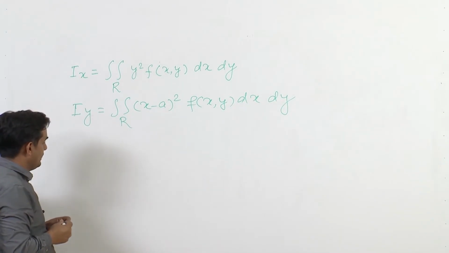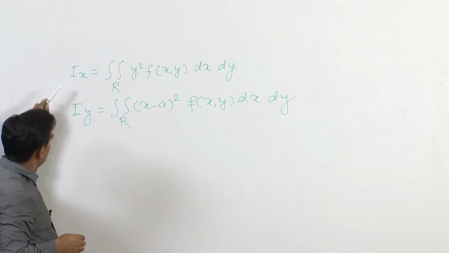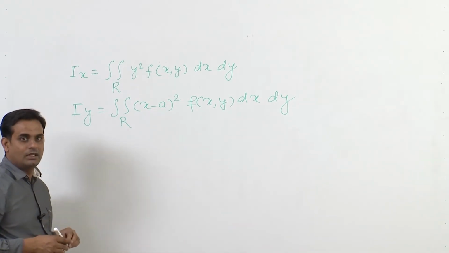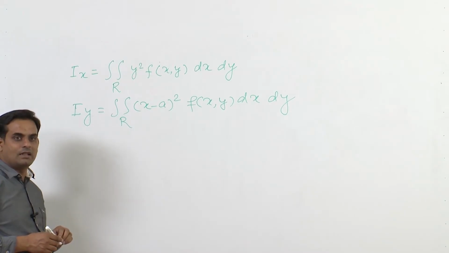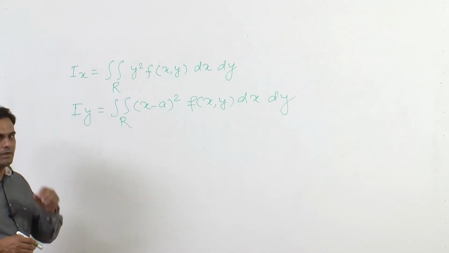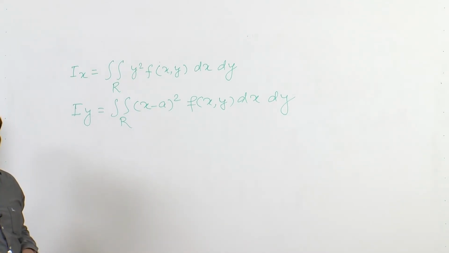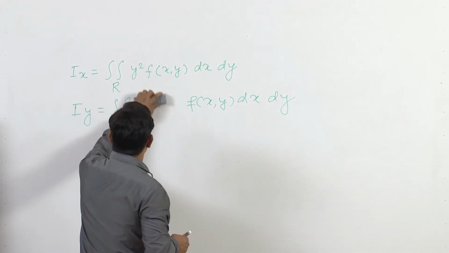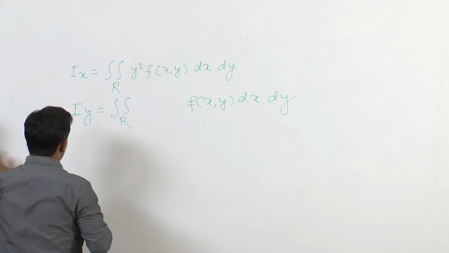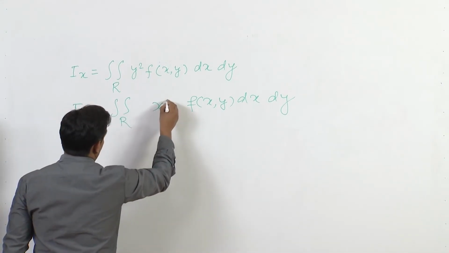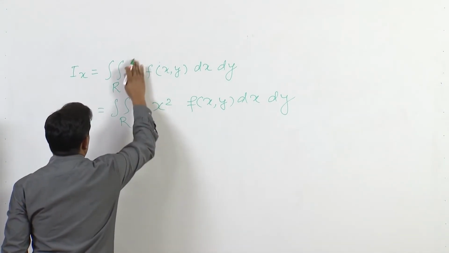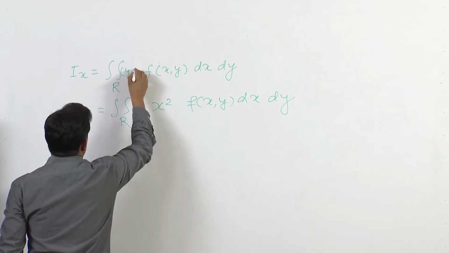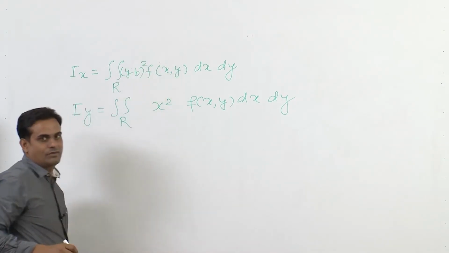This is the moment of inertia about the line x equals a. If I want to find the moment of inertia about a line y equals b, there will be no change in Iy, however the other term will become y minus b whole square.